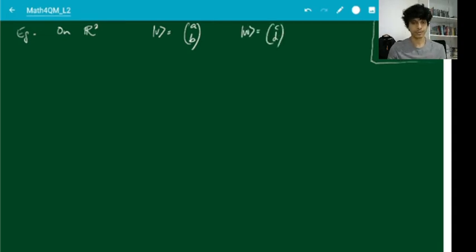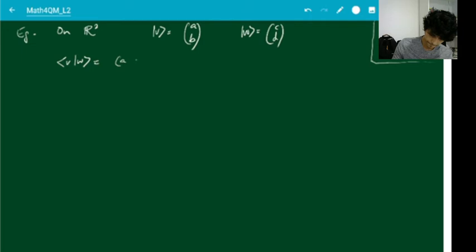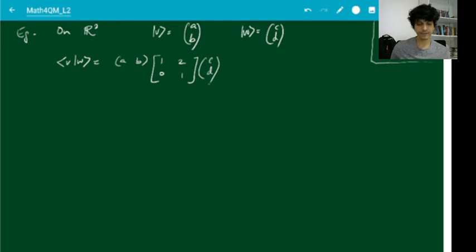I want to check: if I define V comma W as AB times a 2 cross 2 matrix, 1 1 2 0 C D, if this is my definition of the inner product, is this a valid inner product?